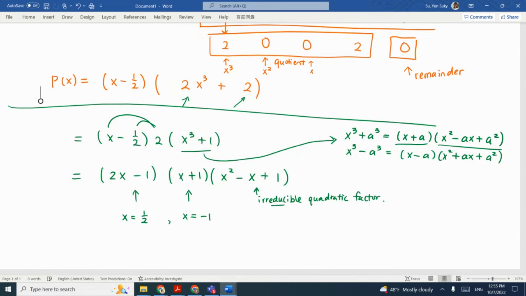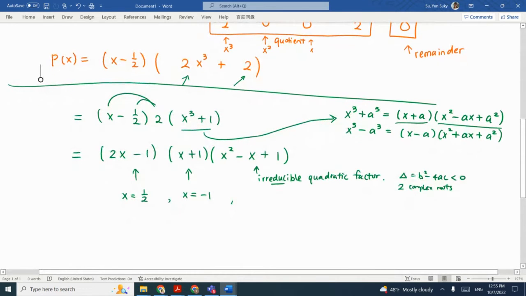Irreducible means the discriminant, b squared minus 4ac, is negative, so you get 2 complex roots. If you want to find those complex roots, we can use the quadratic formula. x equals, 2a, a is 1, so the denominator is 2.